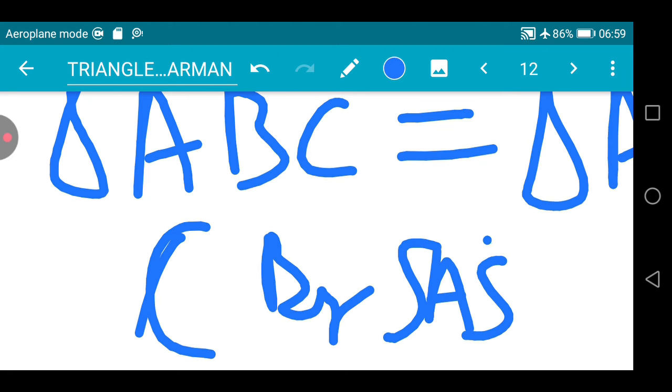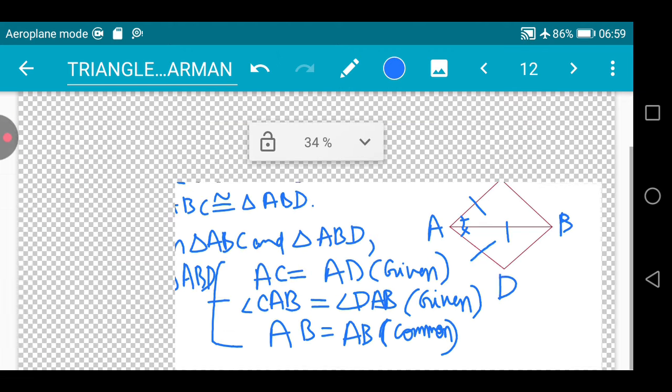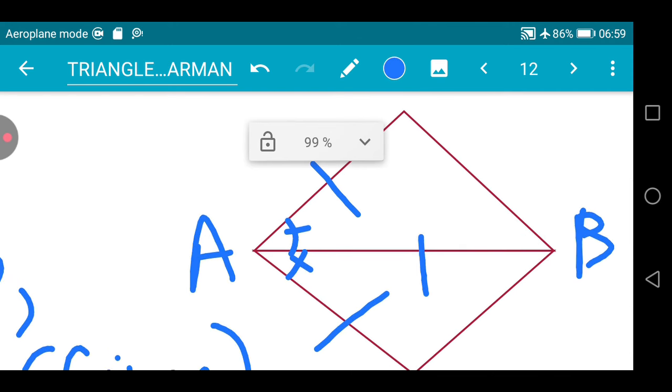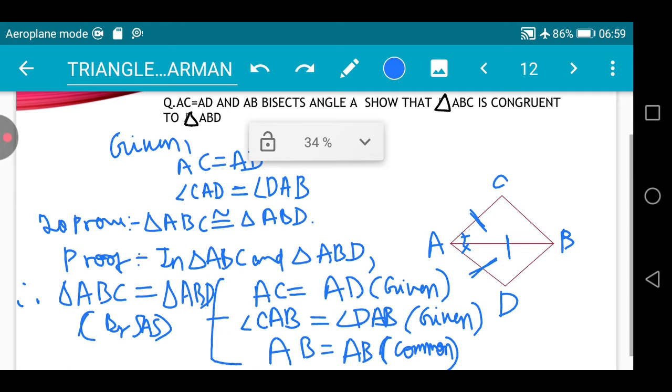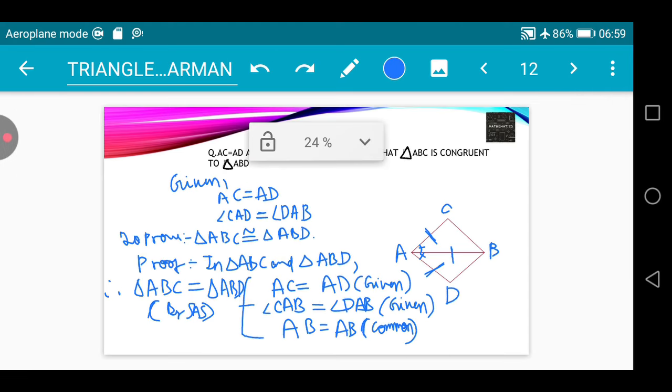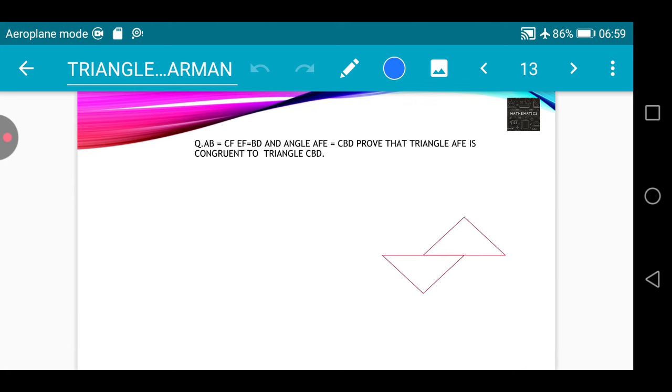Why? First you will see, by side angle side: two sides and the included angle. That is why by side angle side we have proved this question. Next question.